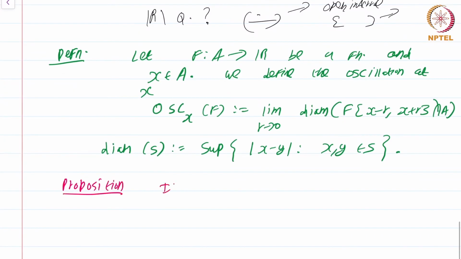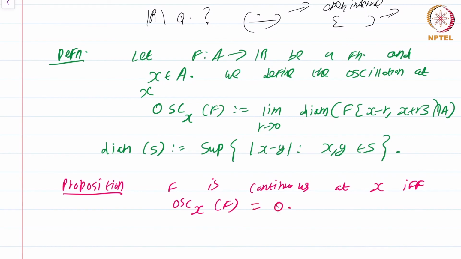Let me just phrase it this way. f is continuous at x if and only if the oscillation at x of the function f is equal to 0.